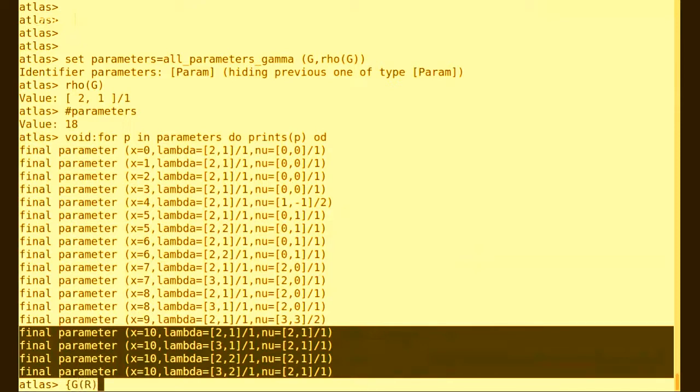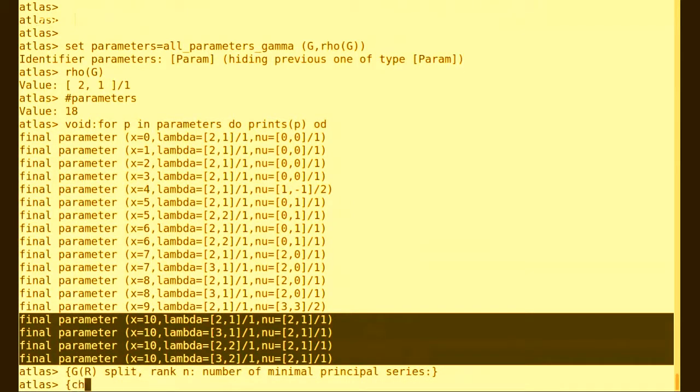If G of R is split, of rank n, what is the number of minimal principal series? Well, these are the characters of the split Cartan, R cross to the n, and there's a lambda and nu, and up to the Weyl group, you can take nu.